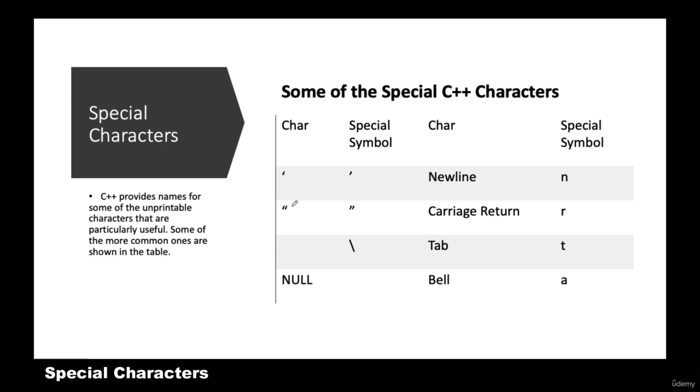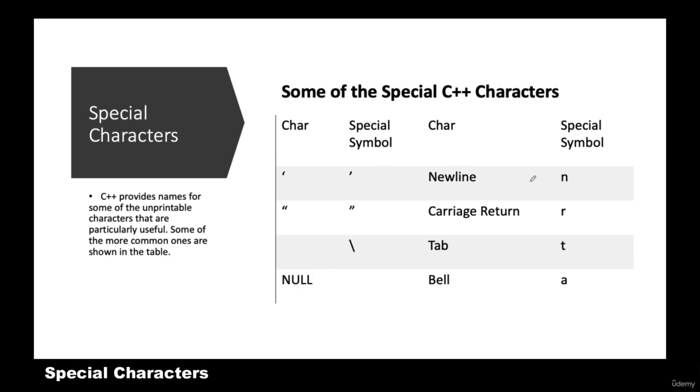Now let's move to special characters. These are characters which are unprintable, but we use them to get some kind of action done. Those kinds of characters in C++ are called special characters. Suppose we have single quotes and double quotes, then a backslash symbol, then null.